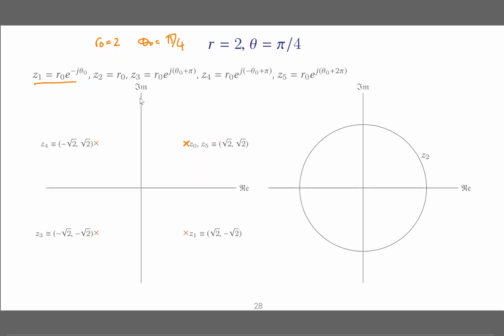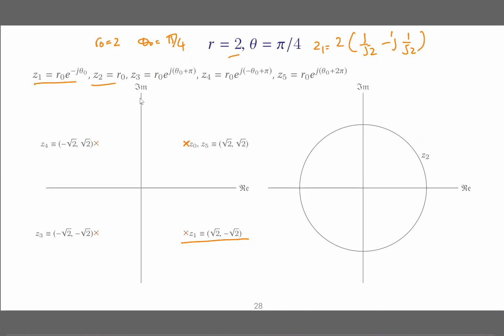So therefore cos theta is 1 over square root of 2, and because of this 2 you get 2 times 1 over square root of 2 minus j 1 over square root of 2 for Z1. So therefore you see this is Z1.